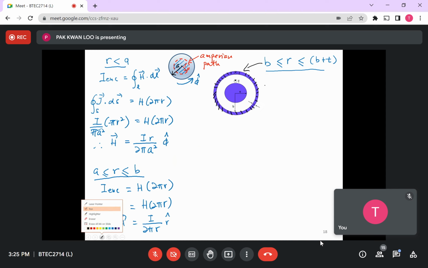If I define my Ampere's path, the Ampere's path that lies in this region.